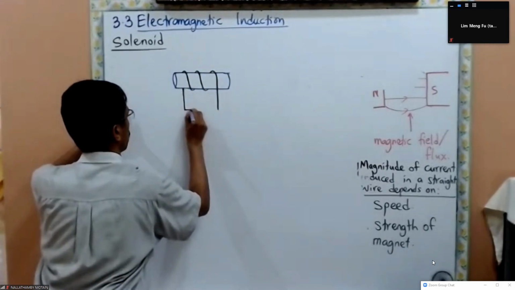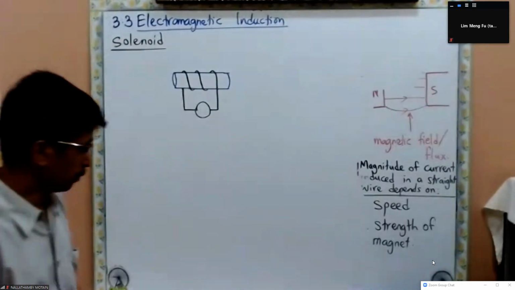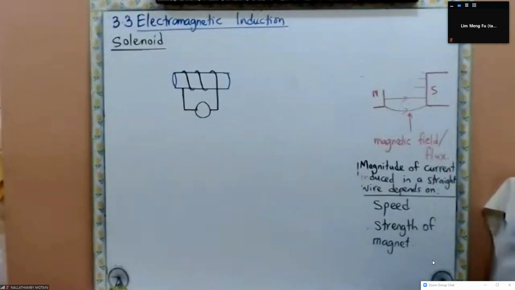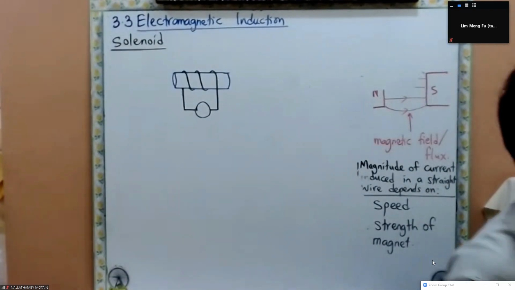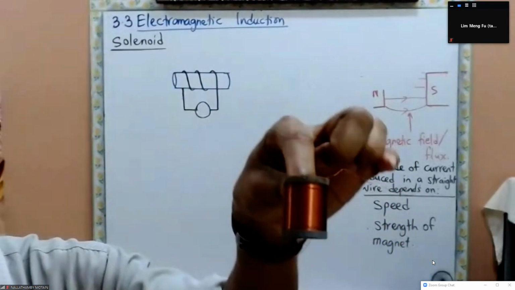I don't want to draw so many turns of coil, just a few turns. So here you can see a solenoid. This is what you call a solenoid.